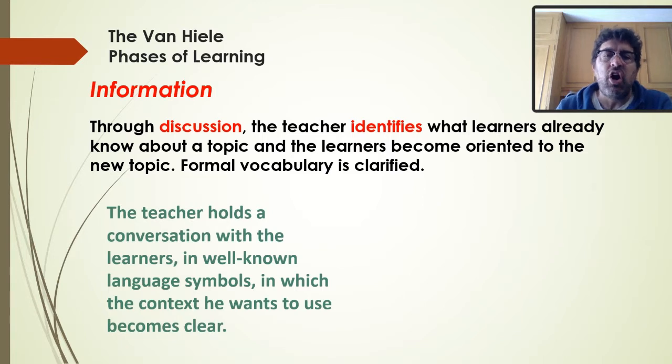So the teacher holds a conversation with the learners in well-known language and symbols in which the context he wants to use becomes clear. So at the information gathering, you might want to talk about the idea of triangles because you need that knowledge to progress to the next theorem.